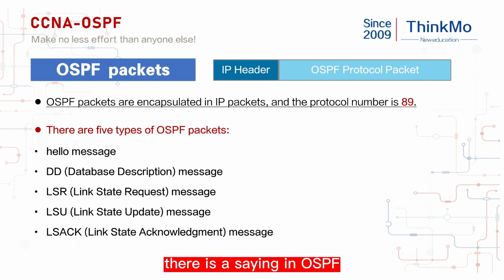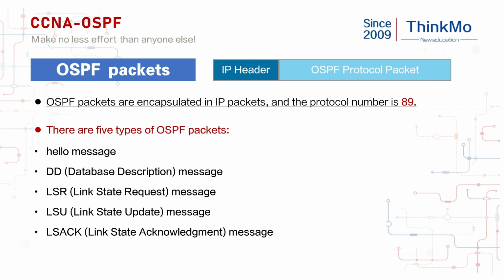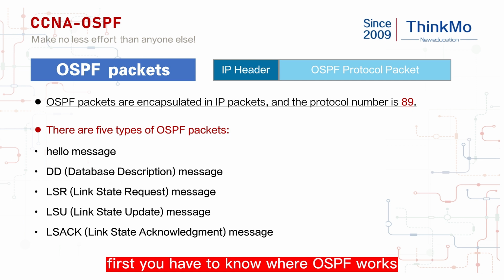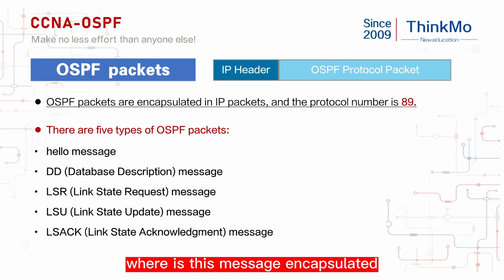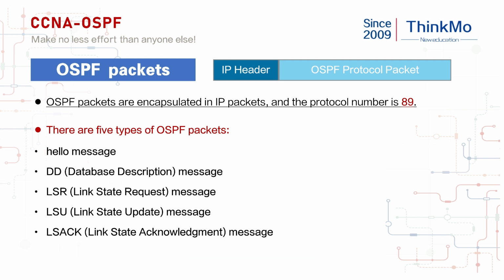There is a saying in OSPF. OSPF has 5 messages and 7 states. This is what everyone must remember. Before we talk about the message, first you have to know where OSPF works. That is, data encapsulation. Where is this message encapsulated? It is encapsulated on top of the IP layer. Everyone can see.